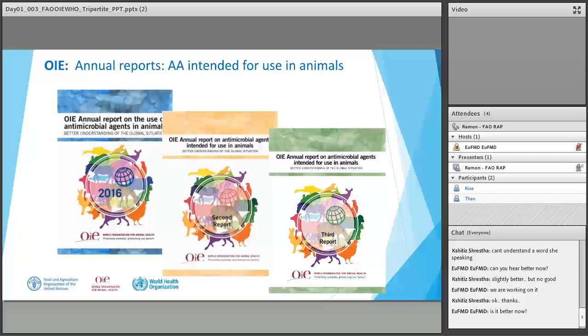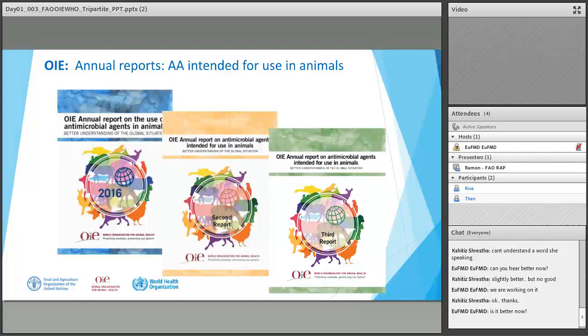These are the reports of different years, what OIE gathered from member countries. They publish them as reports so that you can refer to them and get some understanding of what kind of chemicals are used for what purpose, maybe therapeutic, prophylactic, or growth promoters. These reports will give you that understanding.